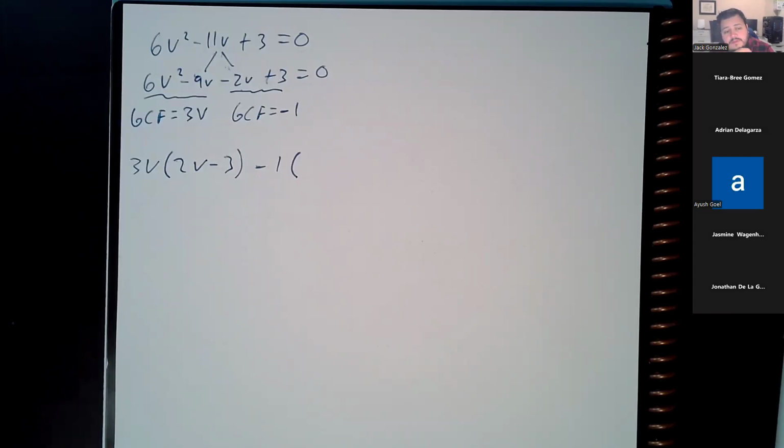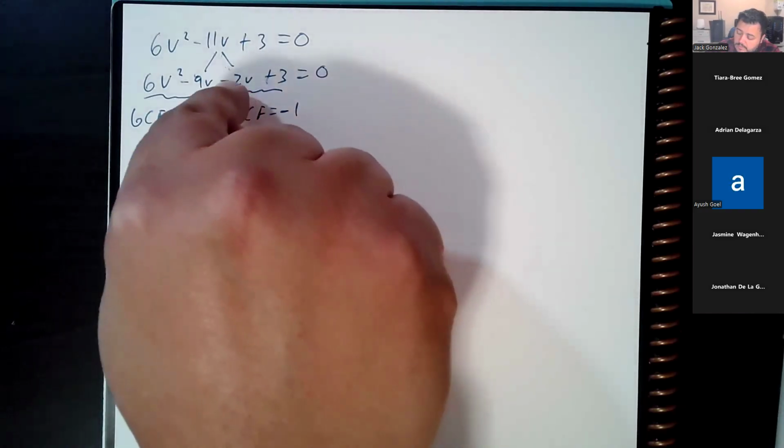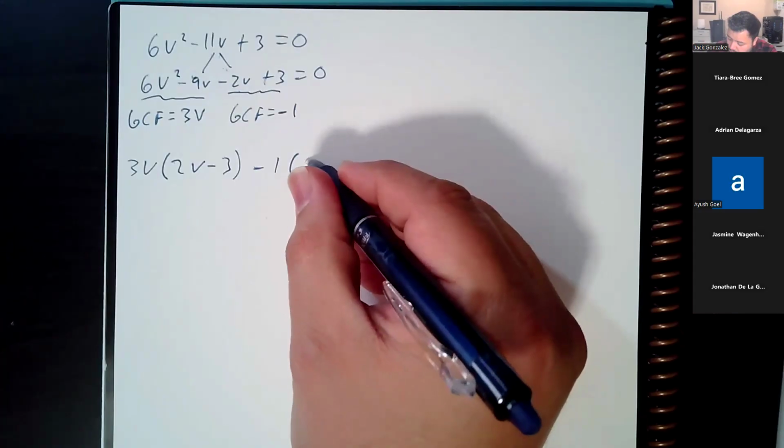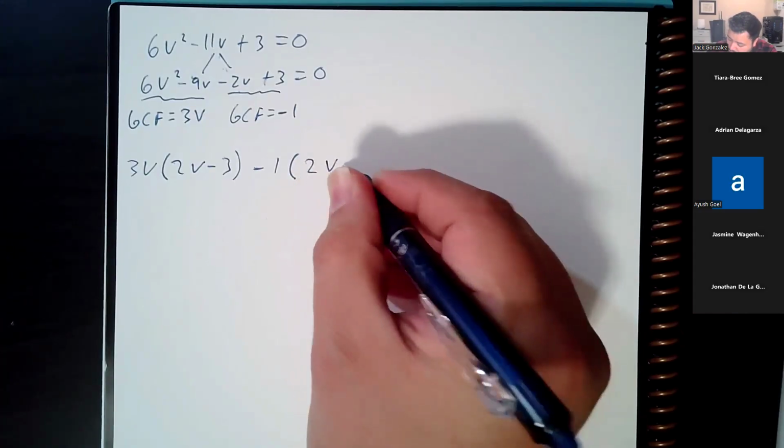Because that's what you do with GCF, right? You factor it out, and everything inside changes. If I pull out a -1, what happens to the signs? They're gonna swap, right?